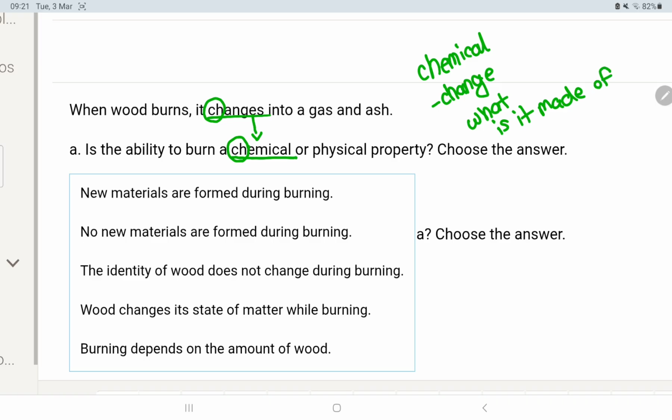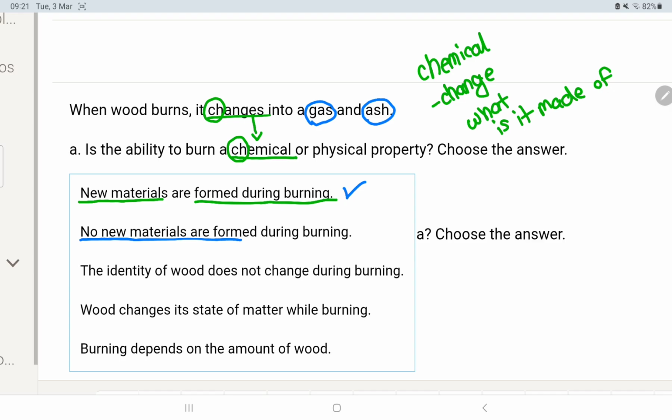Okay? So here, new materials are formed during burning. This is correct. Why? Because when something was burning, it formed gas and ash. So there were new materials.